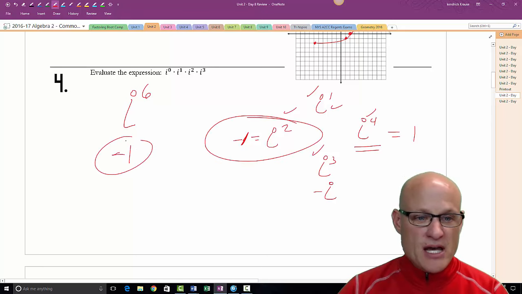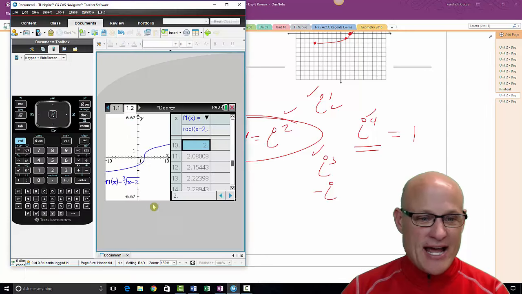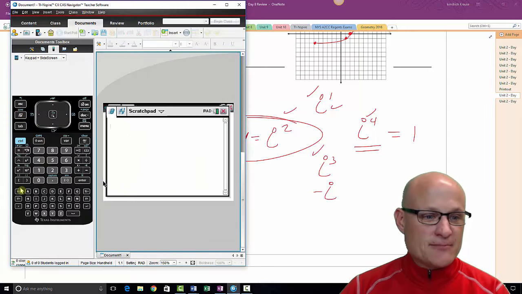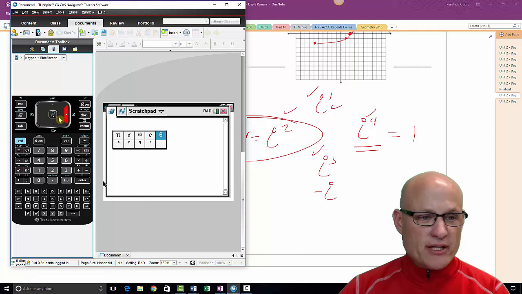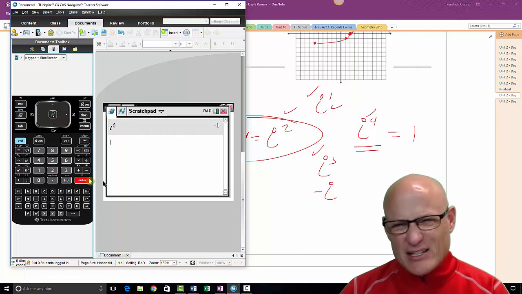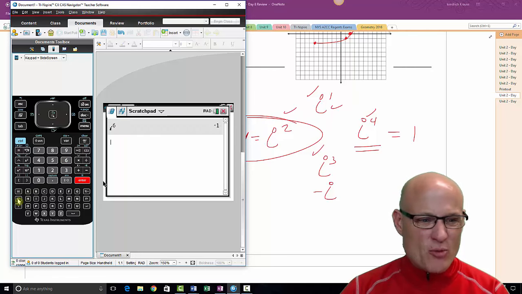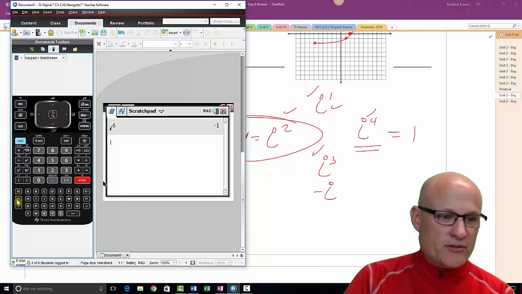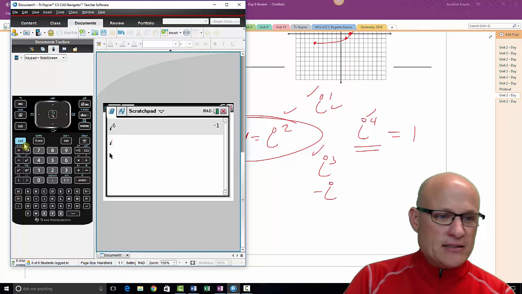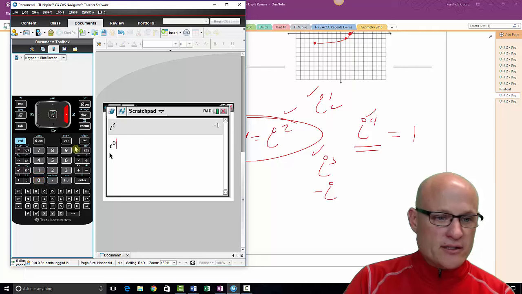The answer is -1. Now, can you test it on your calculator? Absolutely. I can test a couple things. I can test i raised to the 6th. But then I'm like, well, am I really right about i to the 6th? I don't even know. Maybe I don't want to do that. Maybe what I want to do is i raised to the 0, times i.